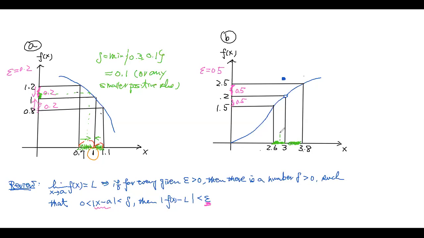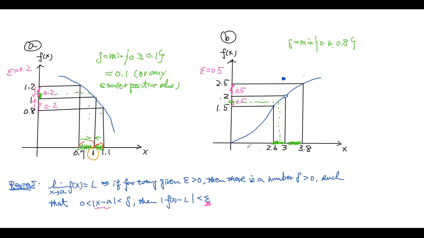So for example, this one here, I got the limit less than 0.5. So what is my delta here? My delta here will be the minimum of 0.4 and 0.8, right?